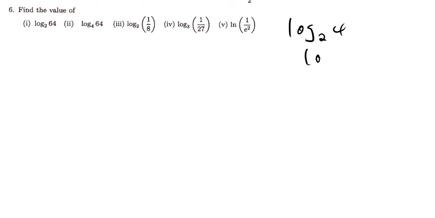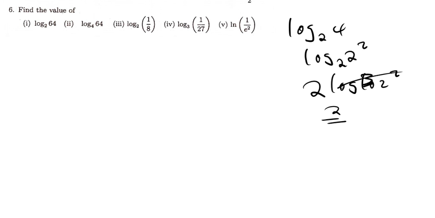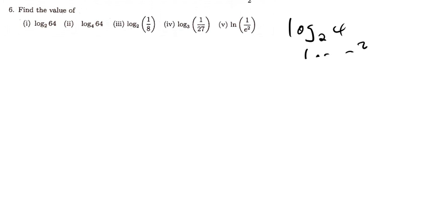So 4 can be written as 2 to the power 2. The property of log allows you to shift the power to be in front, so it's going to be 2 times log base 2 of 2. Log of base itself is 1, so it's going to be 2. It's the same principle which we are going to be applying here.